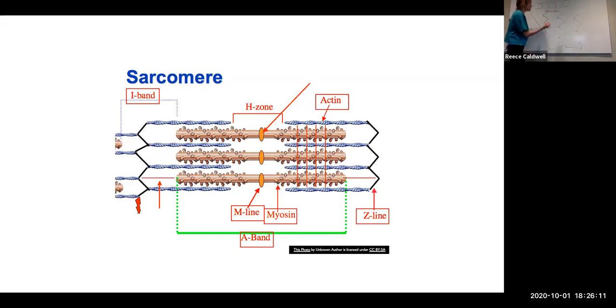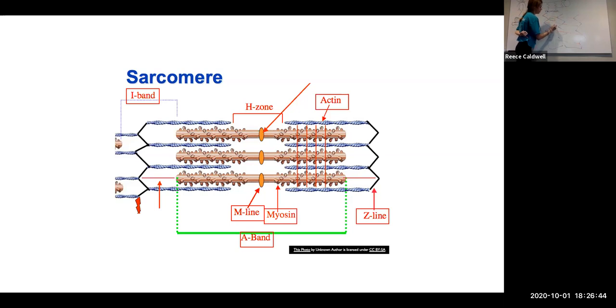Attached to the Z lines are our thin filaments, actin. So here are our thin filaments, actin. Then we have our thick filaments, which are called myosin.